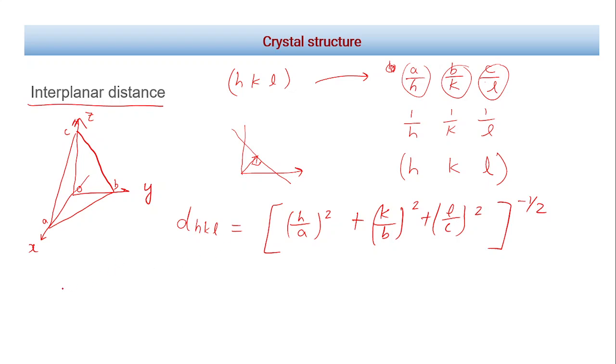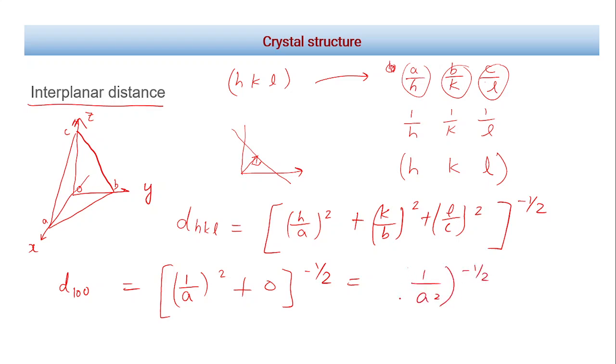This is the formula, and just to see, if I check the interplanar distance between 1, 0, 0 planes, then we have to substitute h equal to 1, so this will be (1 over a) whole square, and the other terms will be 0, to the power minus half. That means (1 over a square) to the power minus half.